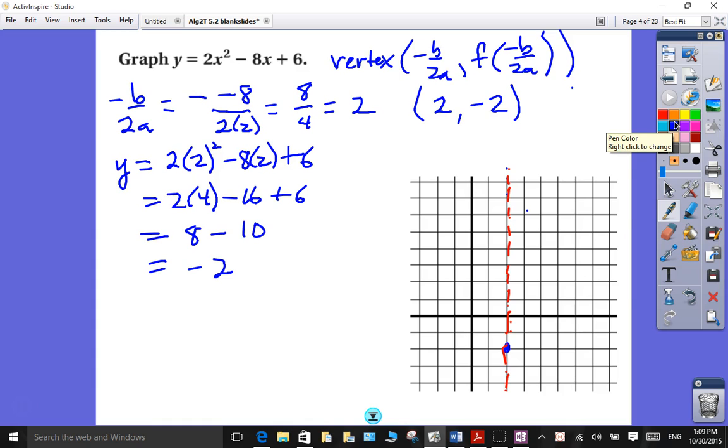What did we say was the y-intercept? 6, so let me plot that: 1, 2, 3, 4, 5, 6. Because of symmetry, if the y-intercept is 2 to the left of the axis of symmetry, there must be another point which is 2 to the right. So you can plot another point.